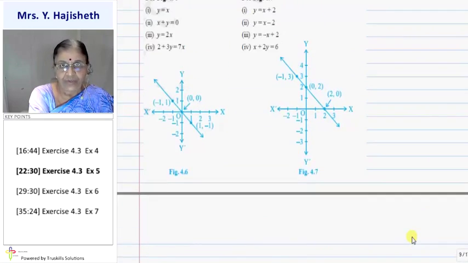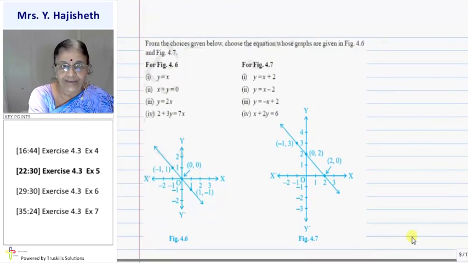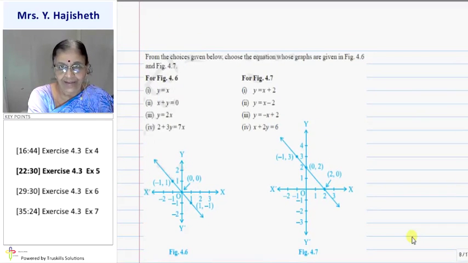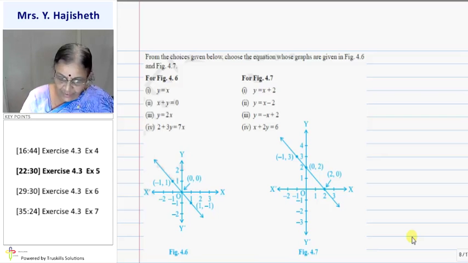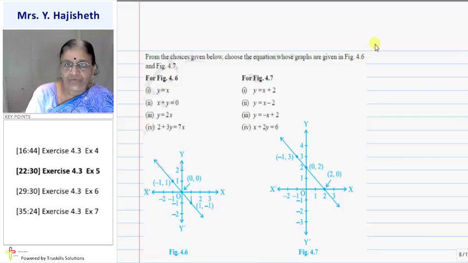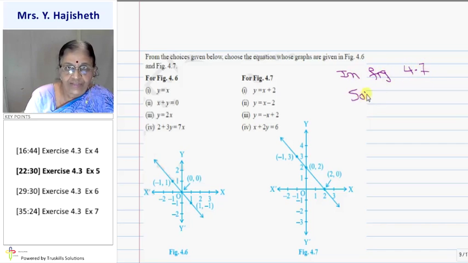Okay, so for 4.6 I can write, solutions are, see in figure 4.7 solutions are 2, 0, 0, 2 and minus 1, 3.